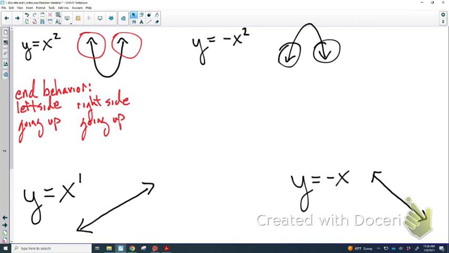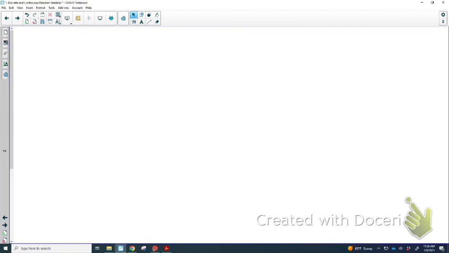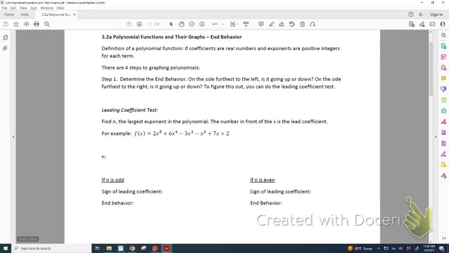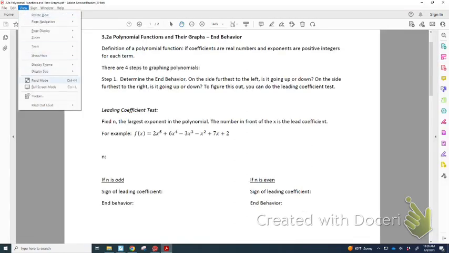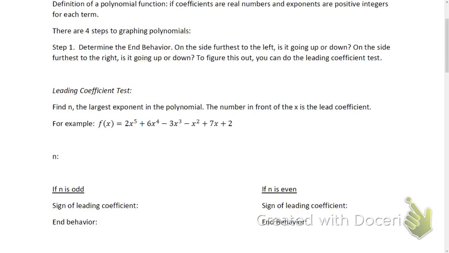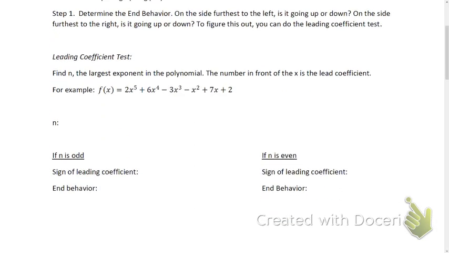Now, let's do some formal notes, but I just wanted to explain what end behavior was. On this, it talks about how to find it, you can do this lead coefficient test. By lead, you're going to look for the largest exponent. All right? So in this problem, it's 5.